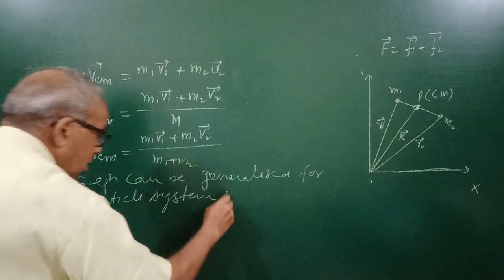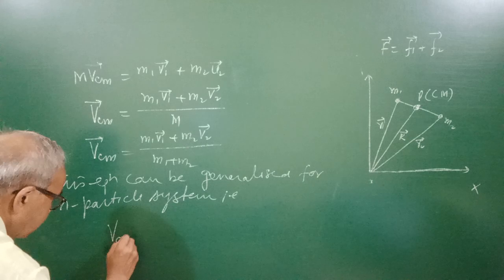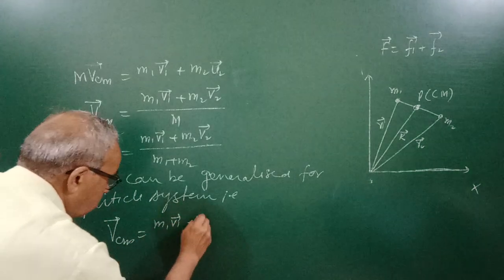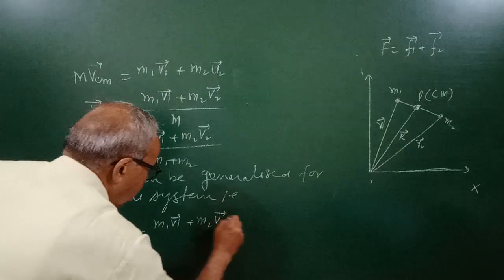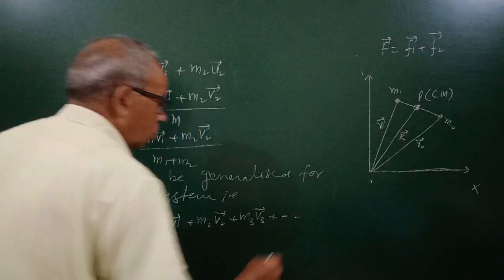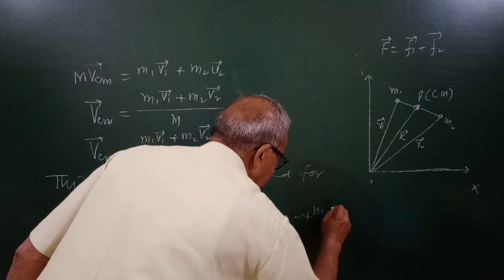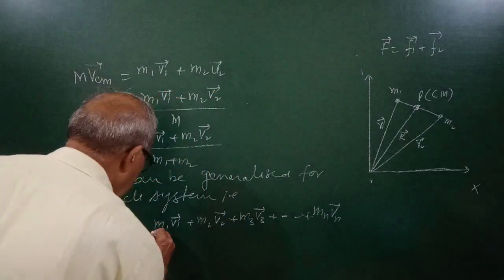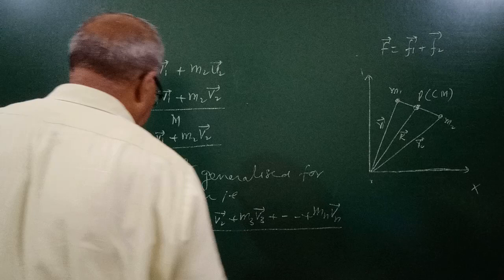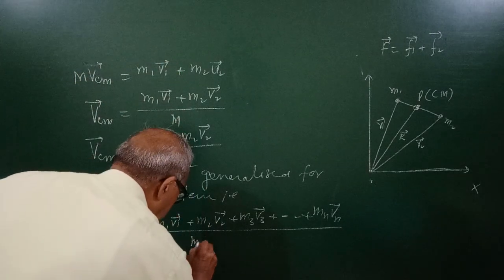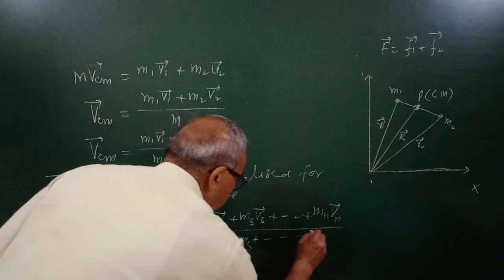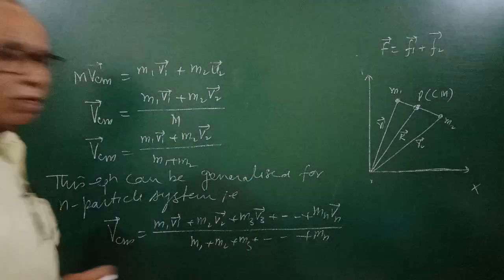That is, Vcm equal to m1v1 plus m2v2 plus m3v3 and so on up to plus mnvn, upon m1 plus m2 plus m3 up to plus mn.